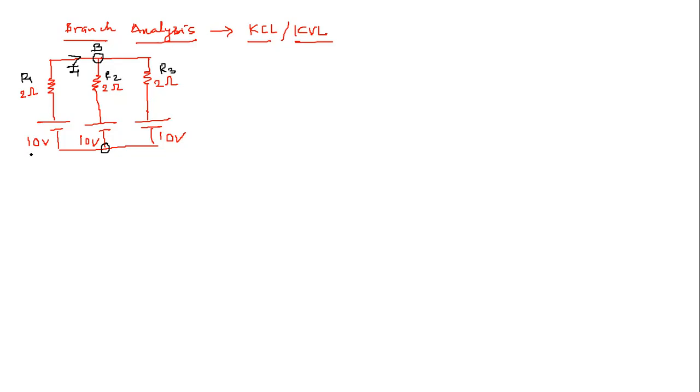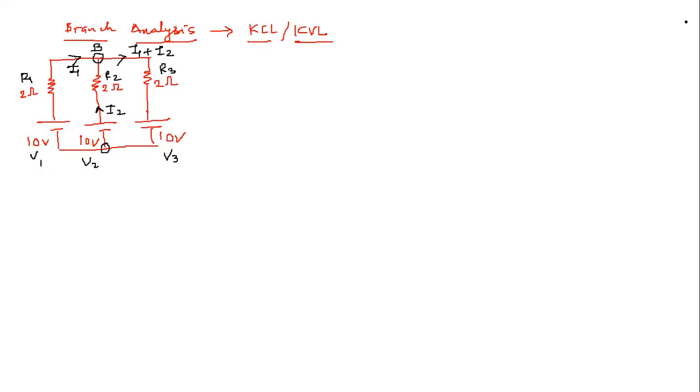Similarly, I can name this one V1, V2, and this one V3, right? So V1 is supplying current I1. V2 is also supplying current. So how much would this be? We are applying KCL at junction B. That will be I1 plus I2, right?